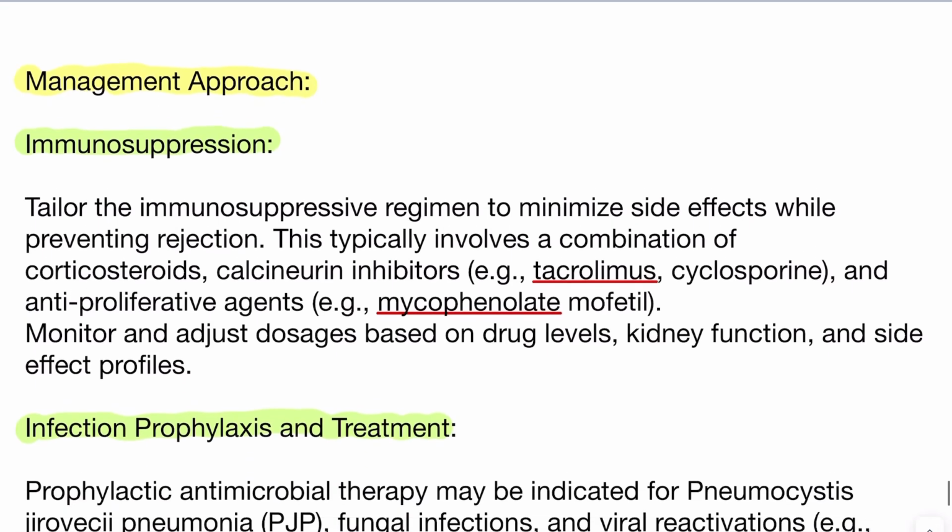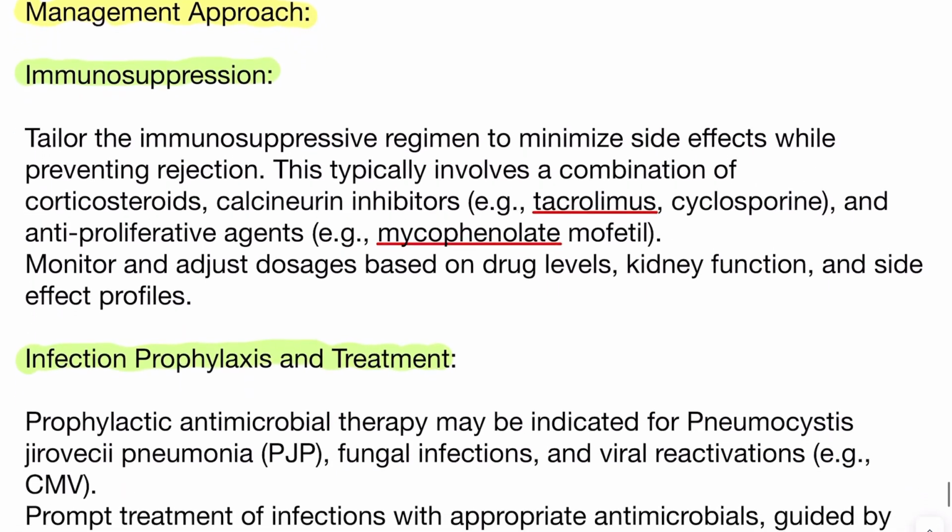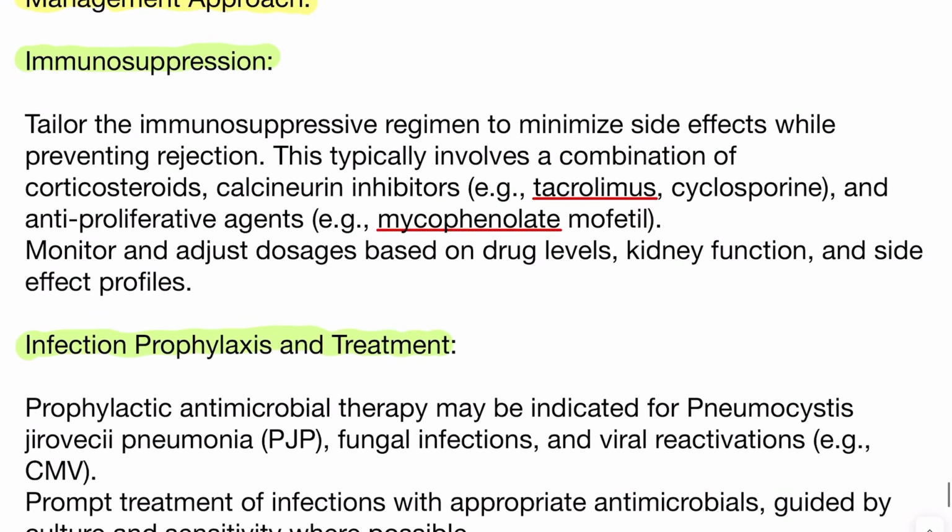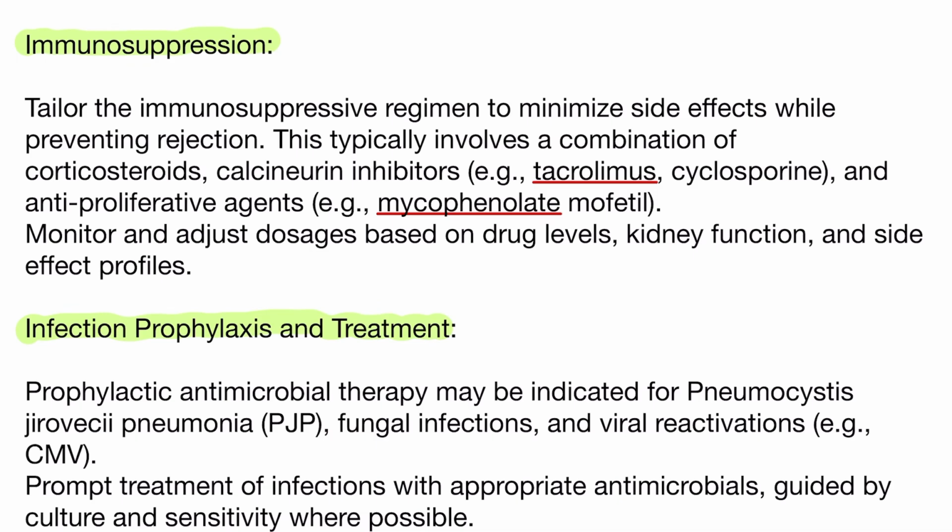Then about the management approach, as I already told, we have to give these patients immunosuppression. We want to tailor the immunosuppressive regimen to minimize the side effects while preventing rejection. This typically involves a combination of corticosteroids, calcineurin inhibitors like tacrolimus and cyclosporine, and anti-proliferative agents like mycophenolate mofetil.